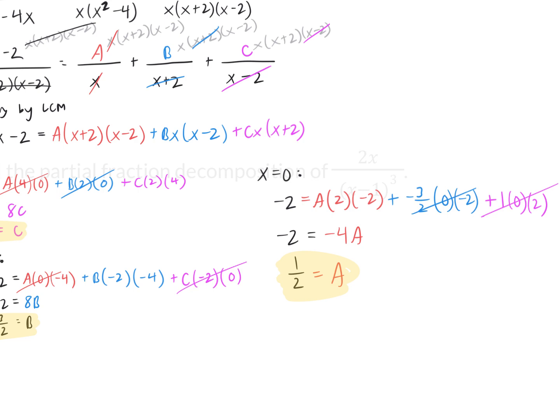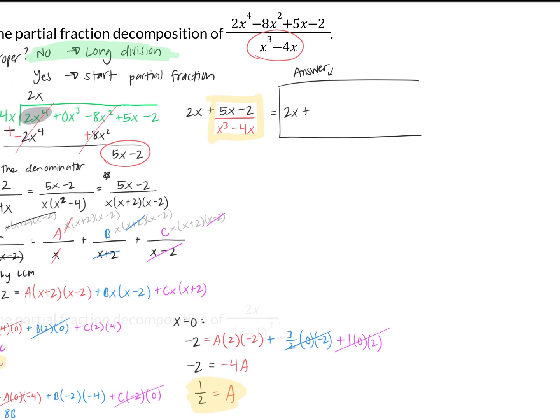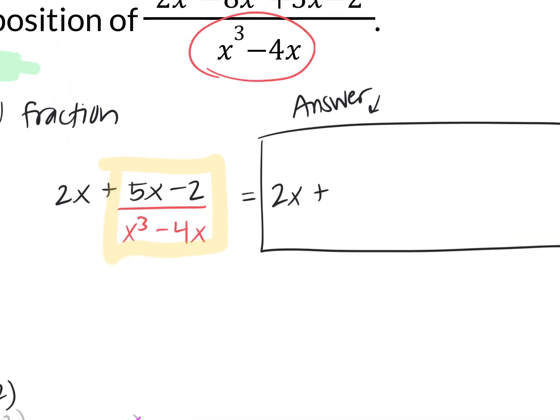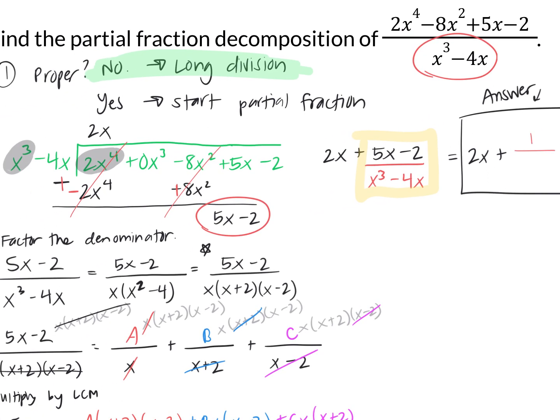So now that I have my a, b, and c, I'm going back up to my answer. When I see a in my fraction, I'm going to plug in a. When I see b, I'm going to plug in b. When I see c, I'm going to plug in c, okay? So a was 1/2, right? So I've got 1 over, my denominator for a was x.